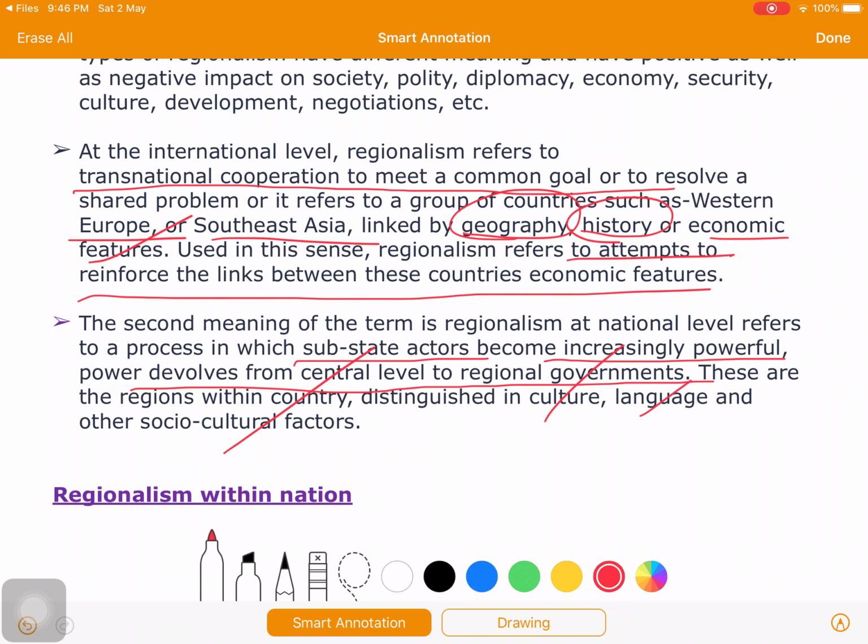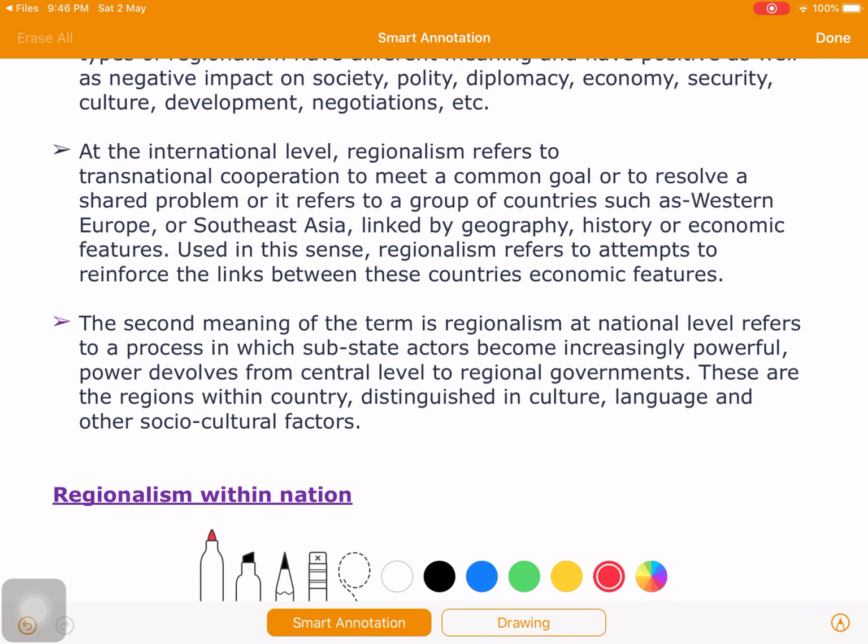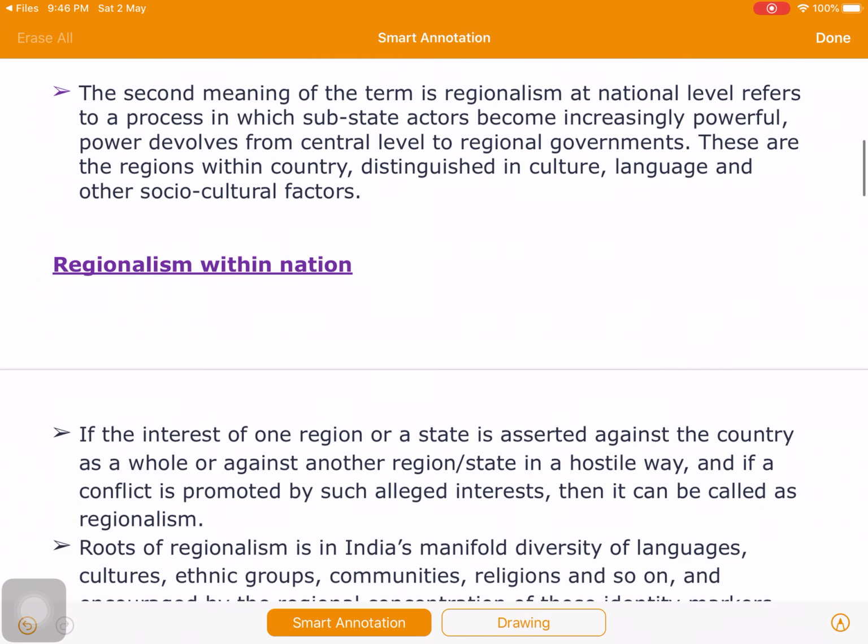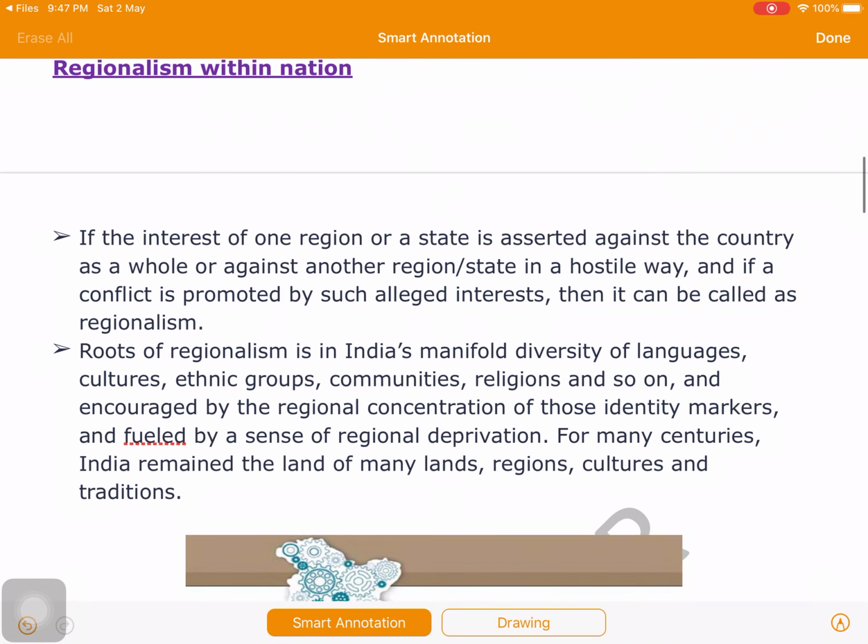So now we are going to discuss in detail regionalism within the nation, that is with respect to India only, and then we will discuss regionalism at the international level as well. So let us have an idea on regionalism within the nation.